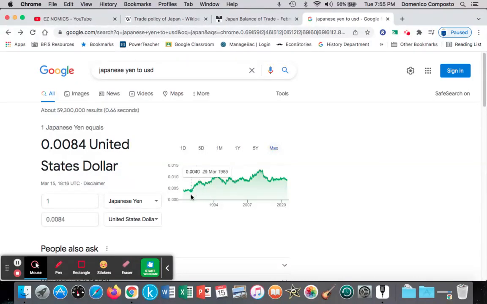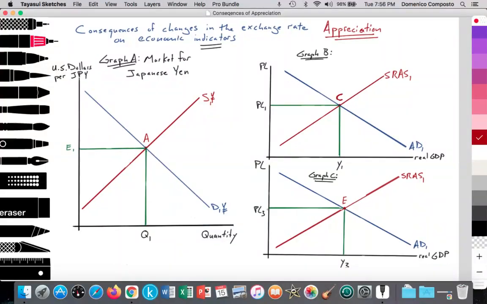It's rising from one Japanese yen buying 0.004 US dollars to one Japanese yen buying 0.007008 US dollars. So the Japanese yen was gaining strength against the dollar, so it's appreciating. So what is the impact of that?